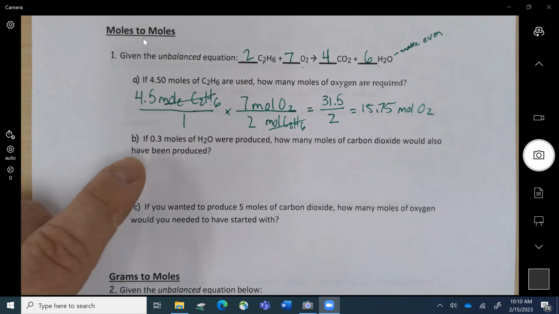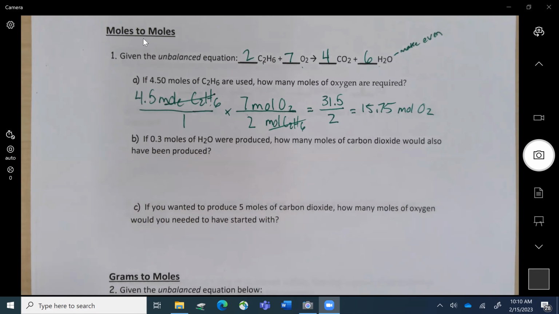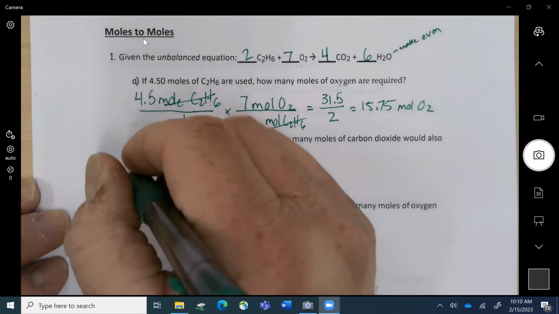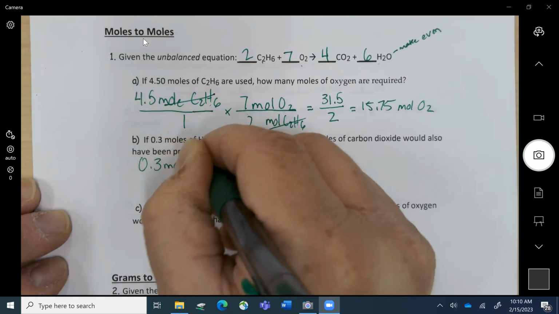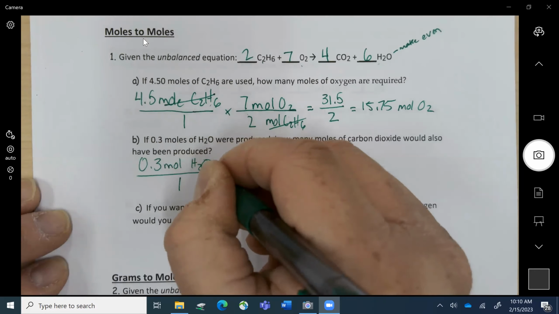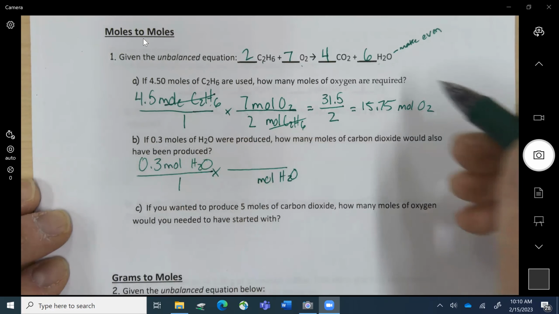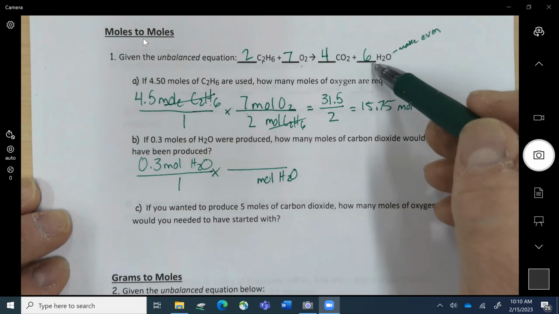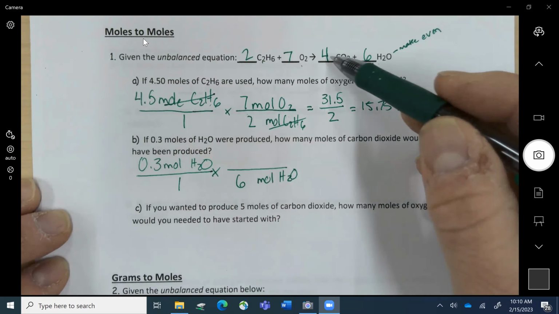All right. So it says if 0.3 moles of water were produced, how many moles of carbon dioxide were produced? So you just take what you're starting with, moles of H2O, over 1. Well, how many moles of H2O translate to moles of carbon dioxide? It's 6. Now carbon dioxide, how many moles of that do I have?